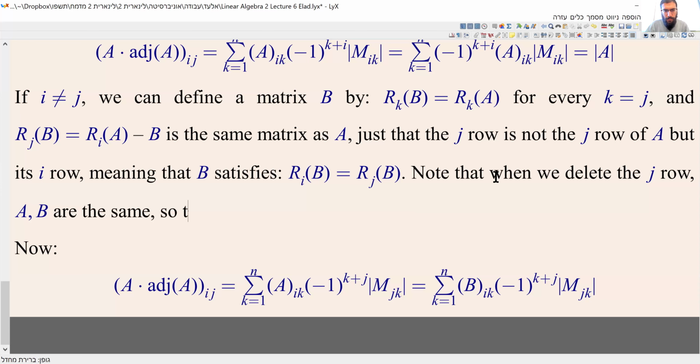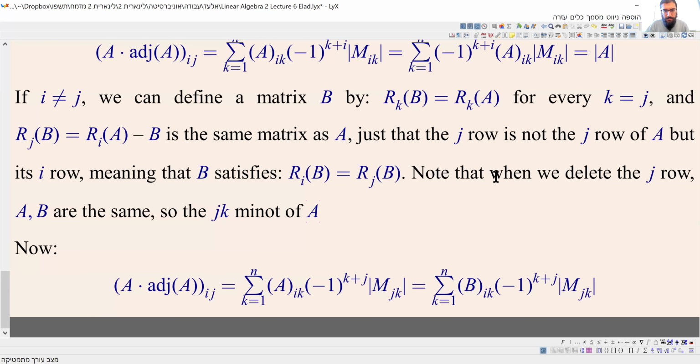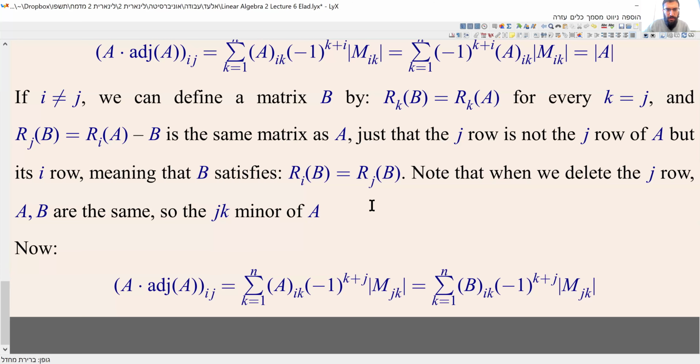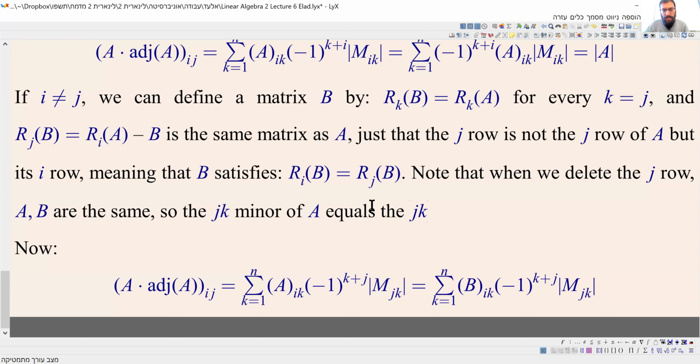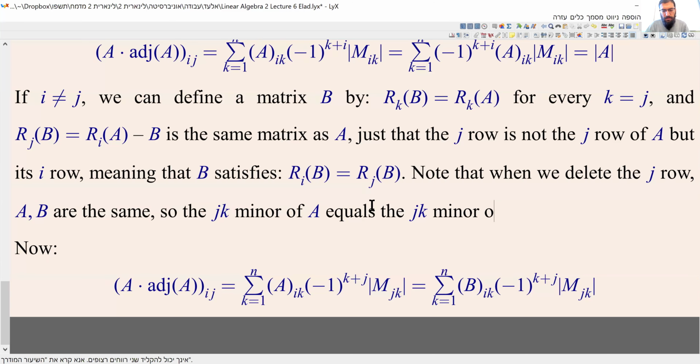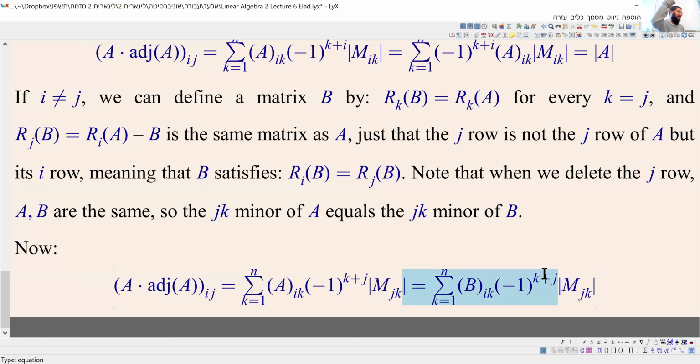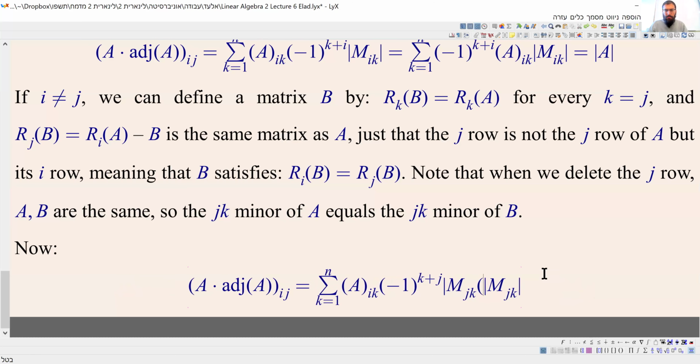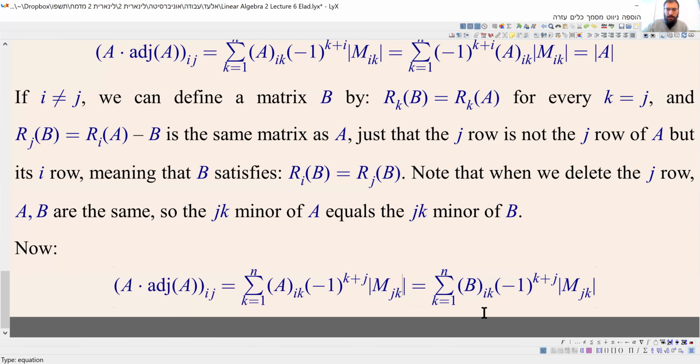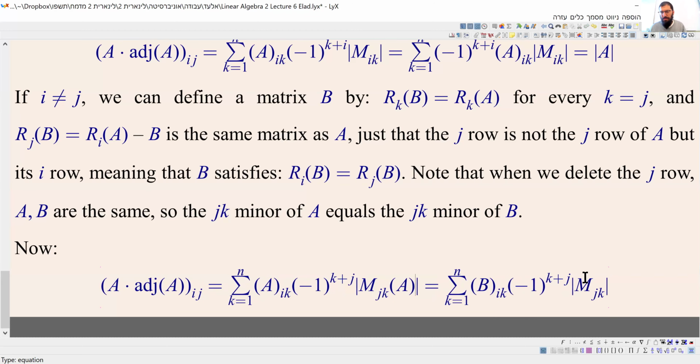So the jk minor of A equals the jk minor of B. And right now, we explicitly write this down in the proof of the proposition. This is the jk minor of A, but it is the same as the jk minor of B.